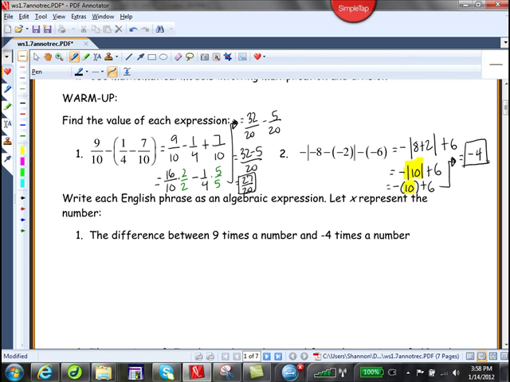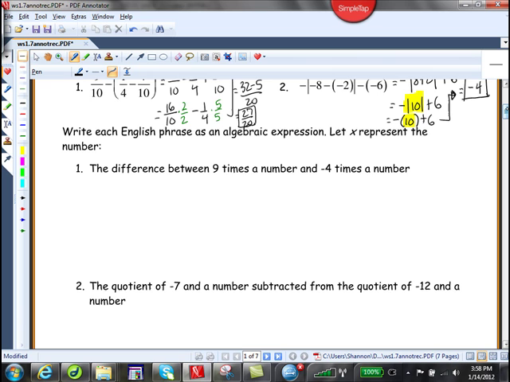So here we go. Oh, there's another warm up here. So we need to change this English phrase to math-ese. So here we are. The difference between. So the difference between means that we're going to have a subtraction going on.